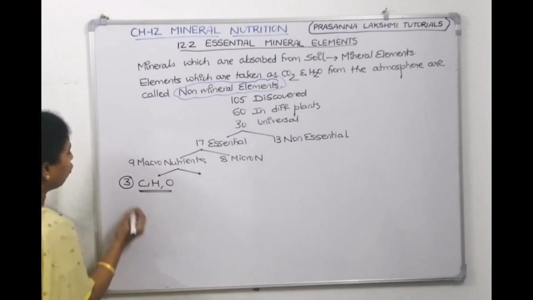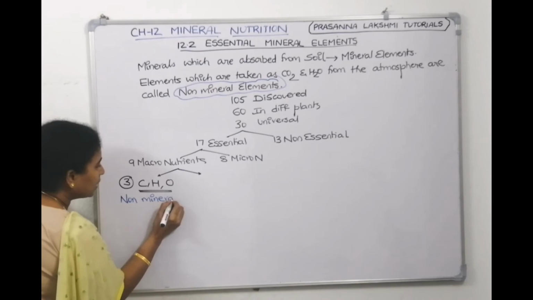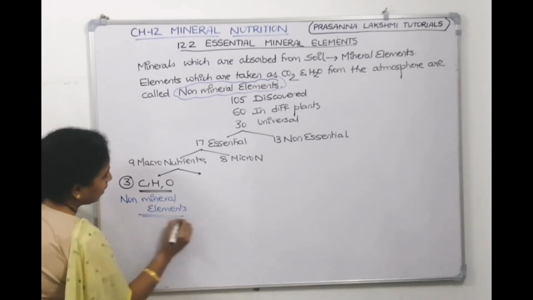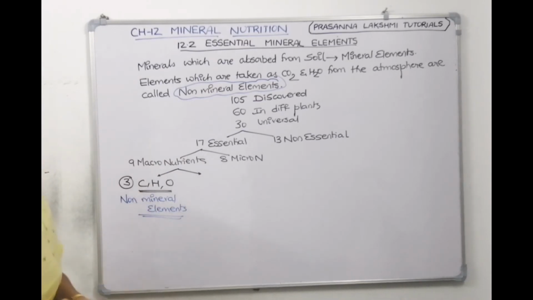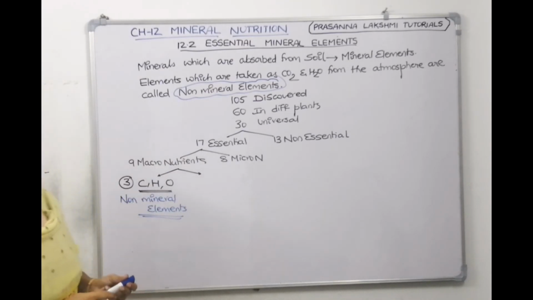Means CHO, what are they called? Non-mineral elements. Out of 17, 3 are non-mineral elements. That means 14 are mineral elements, right?